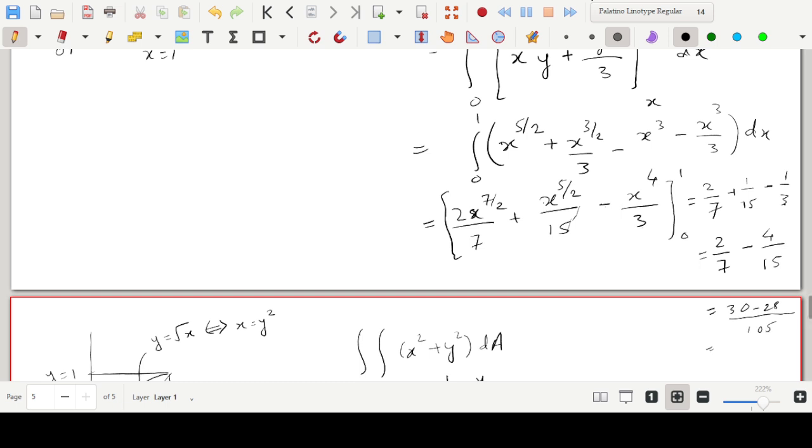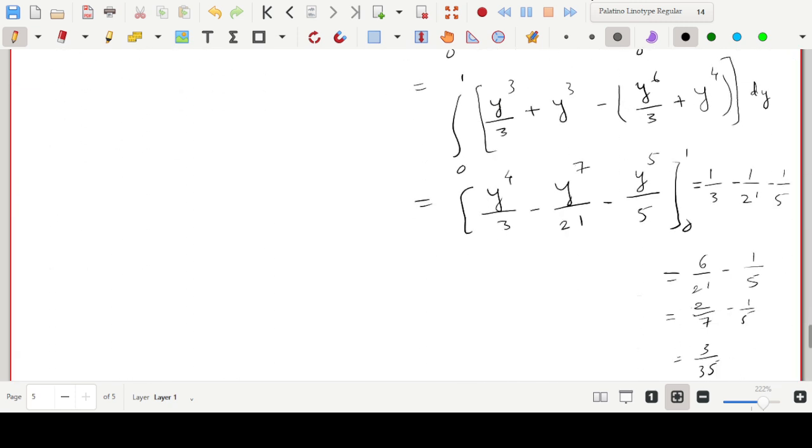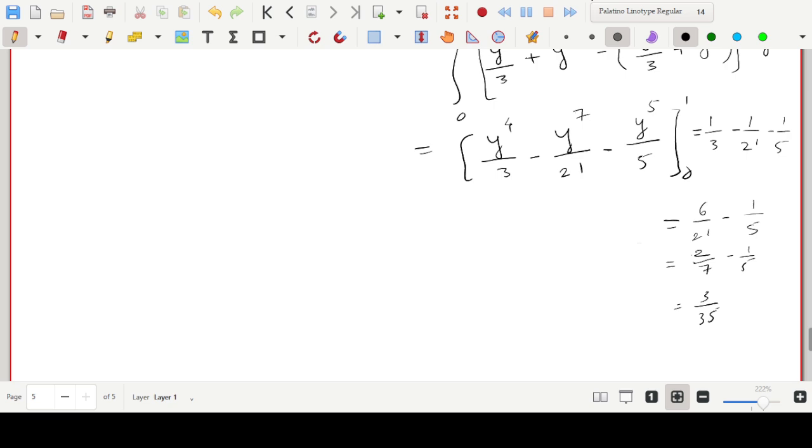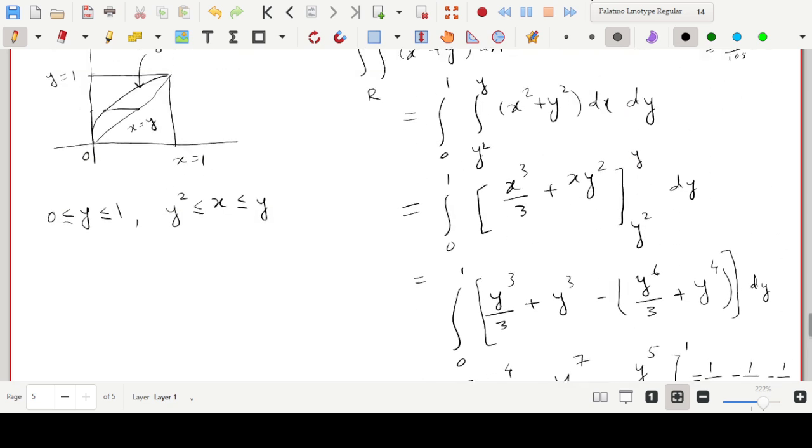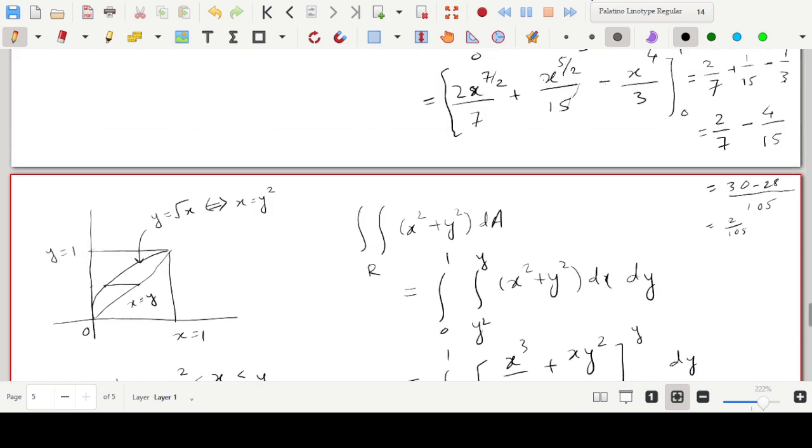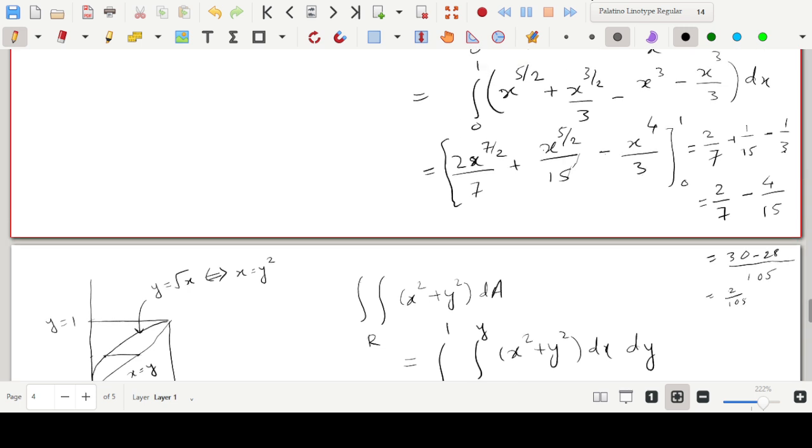I think something has gone wrong, probably 2 over 105. Here our answer is different from this. Probably some computation mistake, but fine, never mind.